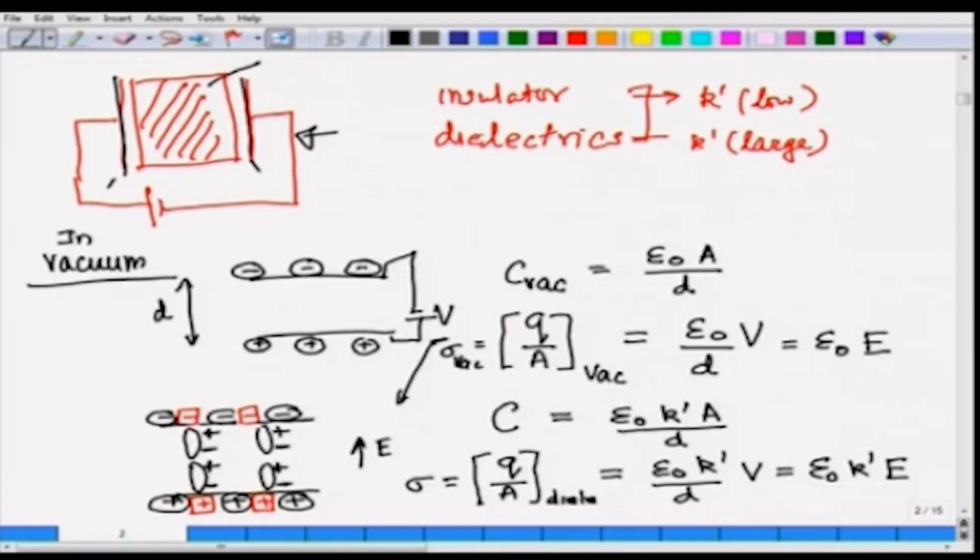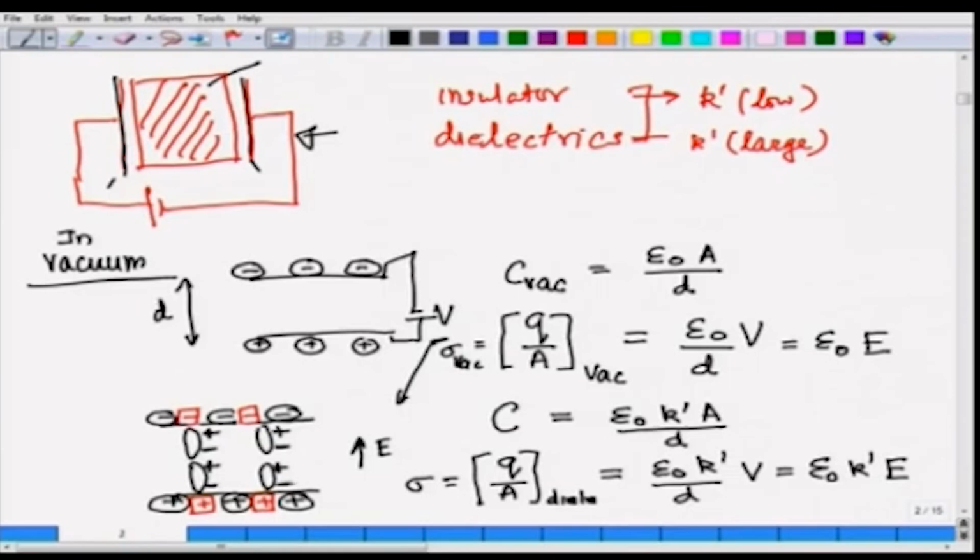In that case, we get some dielectric properties, measured at the microscopic level by what is known as polarizability, which I have not talked about, but also by something called the dielectric constant. However, what happens if this material is mostly an insulator, but does give rise to some leakage current?